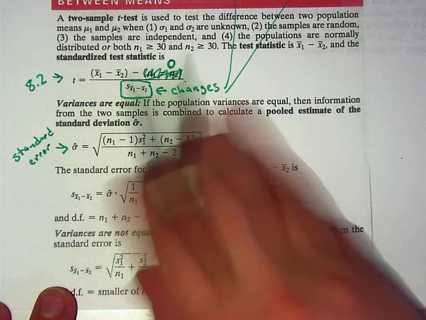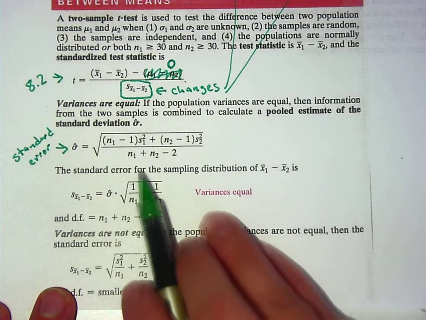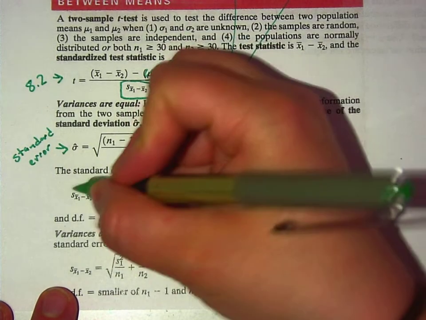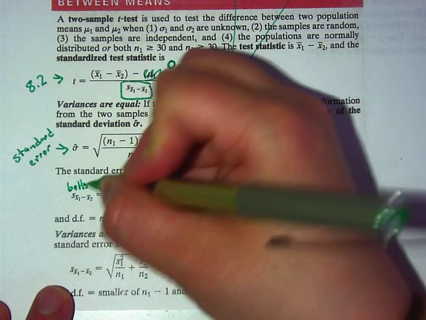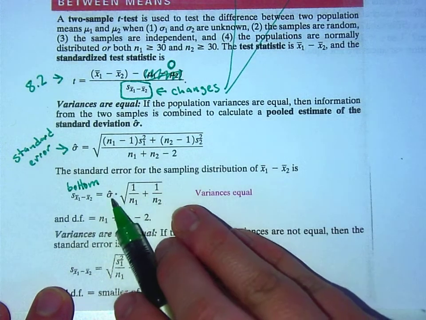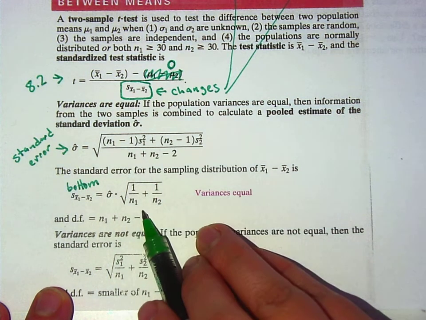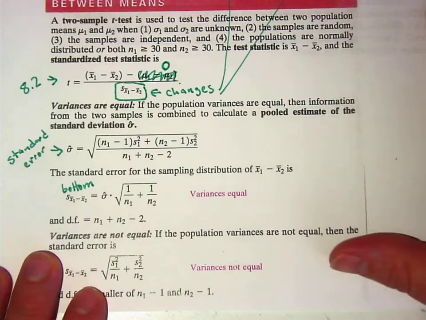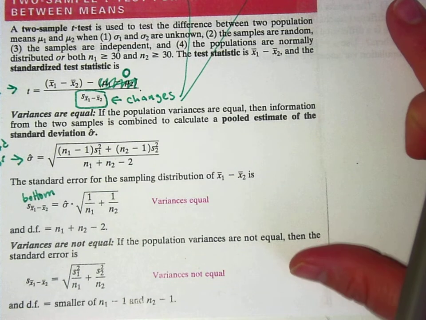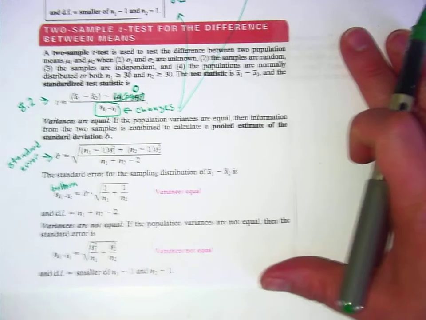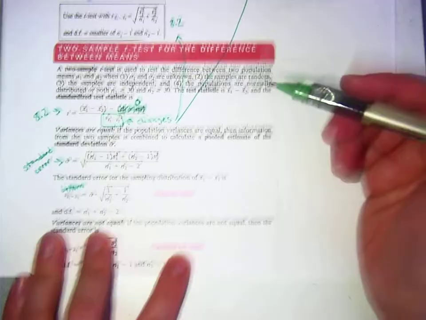You don't have to write minus 0. And on the bottom, you're going to take this standard error, this huge formula, times this huge formula. So we're actually going to write the big formula on the side and decode it together so that you can reference it for the two different things.